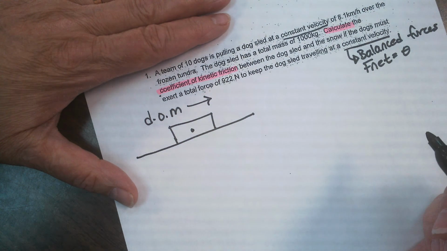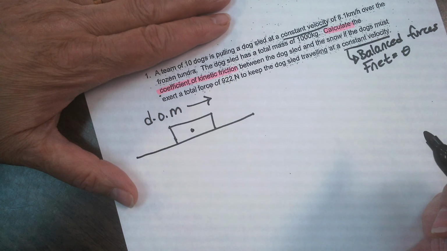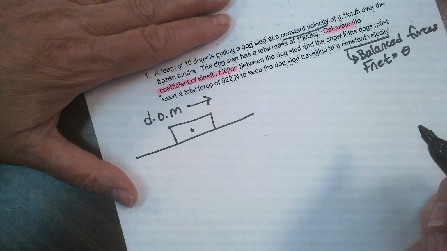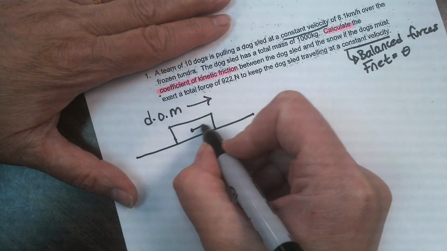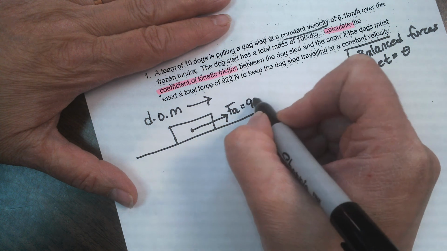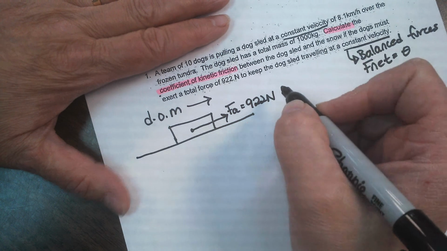Now, if the dogs must exert a total force of 922 newtons to keep the dog sled traveling, we're going to have a force applied of 922 newtons.